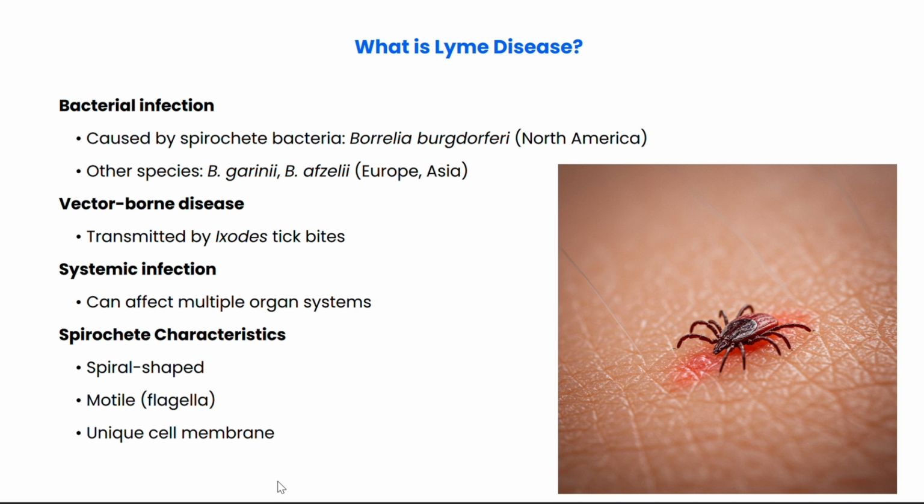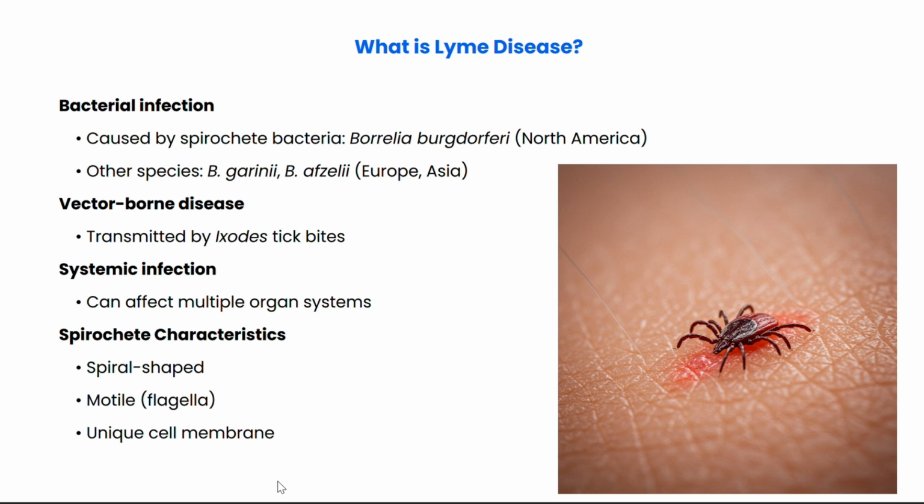It's important to note that in other parts of the world, particularly Europe and Asia, other closely related Borrelia species such as Borrelia garinii and Borrelia afzelii can also cause Lyme-like illness. These bacteria also have a unique cell membrane composition that contributes to their ability to evade the host's immune system.